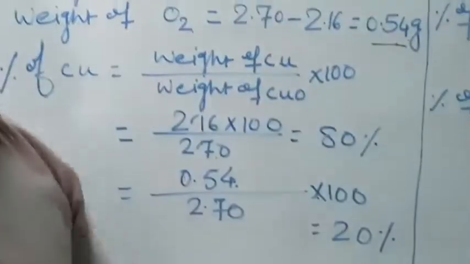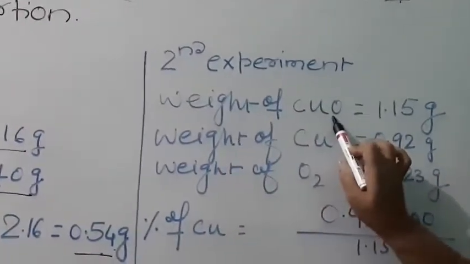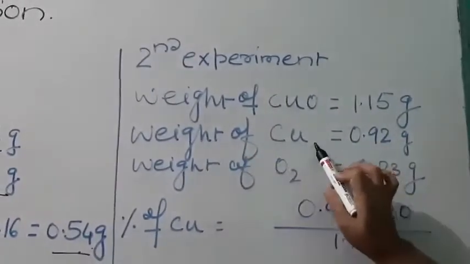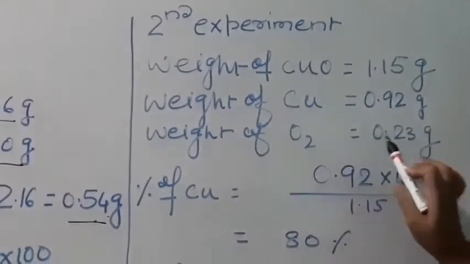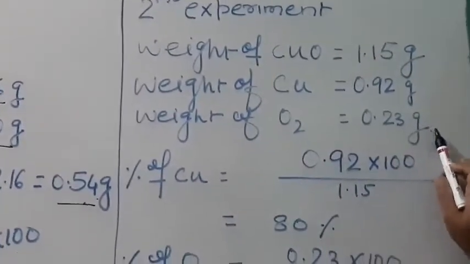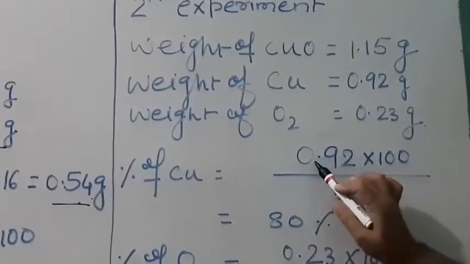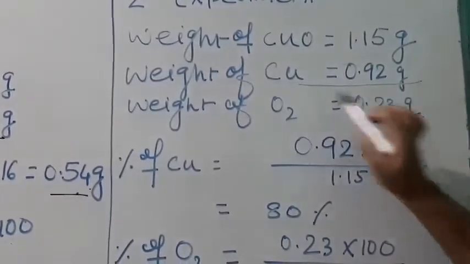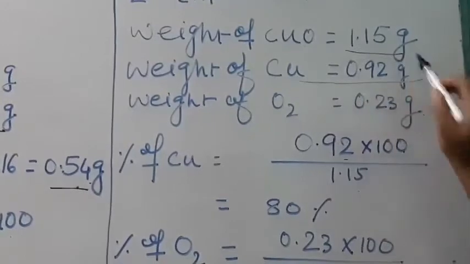Now come to the second experiment. Weight of copper oxide is 1.15 gram, weight of copper is 0.92 gram, weight of oxygen 0.23 gram. Now percentage of copper equals weight of copper into 100, that is 0.92 into 100 divided by weight of copper oxide.